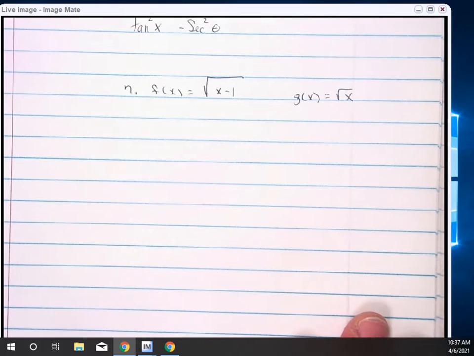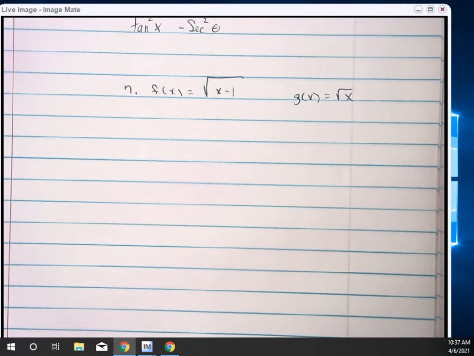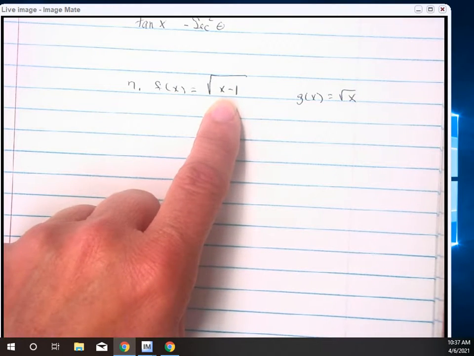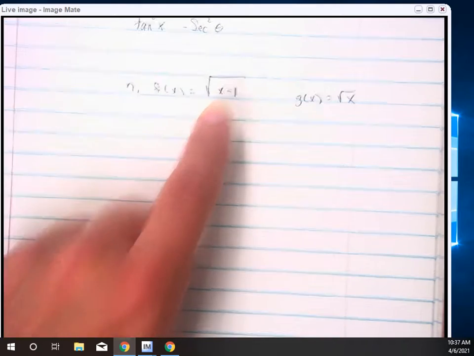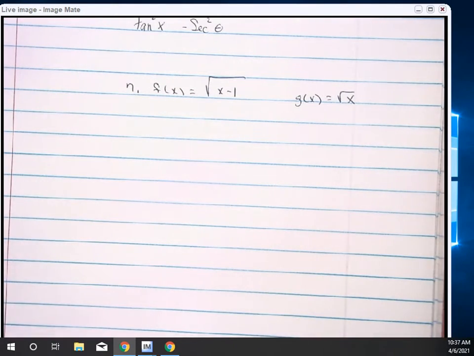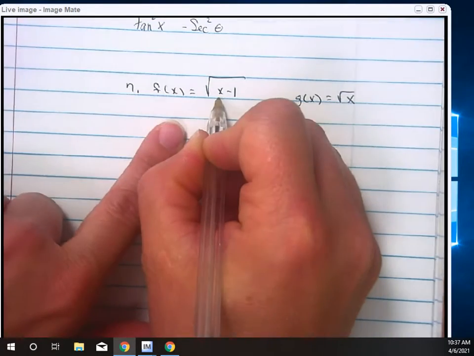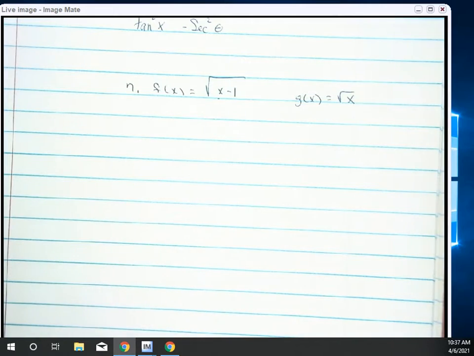Okay, so from the beginning, where does the starting point begin? What does the minus 1 inside the function do? You go right 1. So when you move right 1, remember the square root function starts at 0, 0 and goes this way.